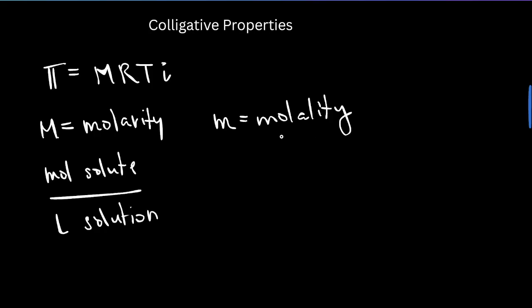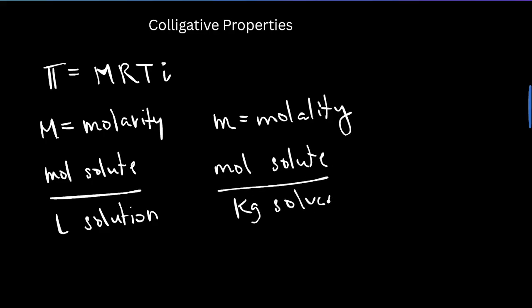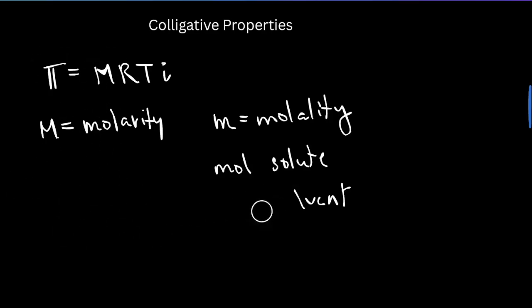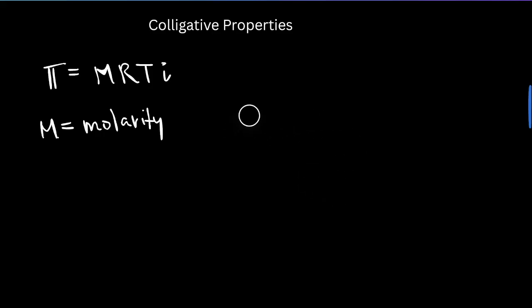On the other hand, molality is moles of solute divided by kilograms of solvent. These two are not equal to one another. They are distinct units of concentration, so it's important that you know what is being used. In this case, we clearly have a capital M, so that is our molarity, not molality.